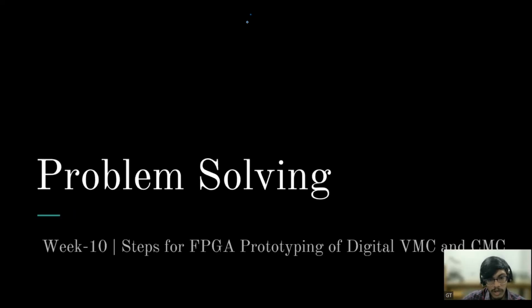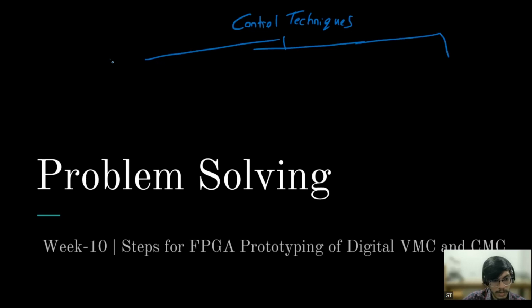I'll summarize what we have discussed. We have considered a wide range of control techniques for today's discussion. I can categorize this into three. One is the fixed frequency, and then we have discussed variable frequency in general, and then within variable frequency, a special case, the adaptive on time.